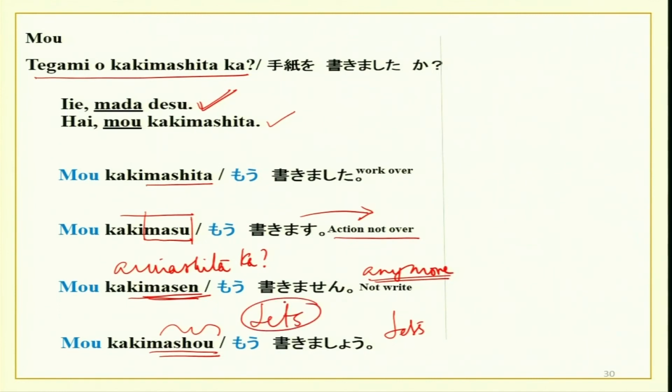It is already late, so let's eat. Another easy example, "rokuji desu ka?" "Hai, mo rokuji desu." Another easy example is "mo rokuji desu." "Ah, osoi desu ne. Mo kairimashou." Let's go home. So, that is how to use mo with past, present, negative and masho.